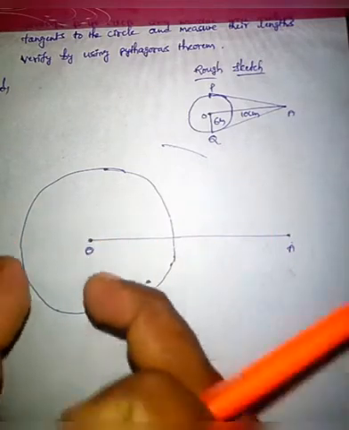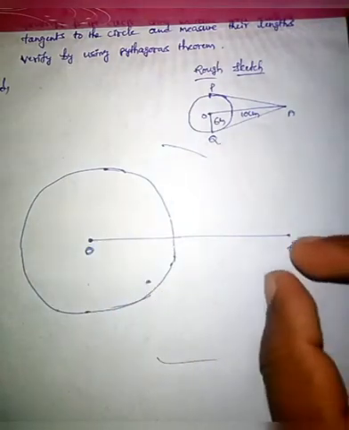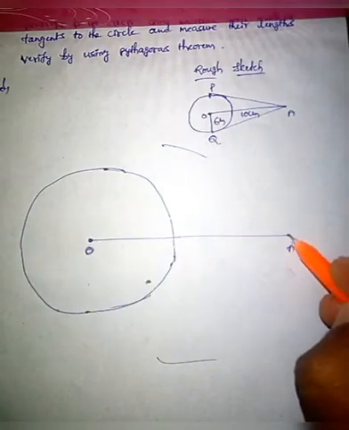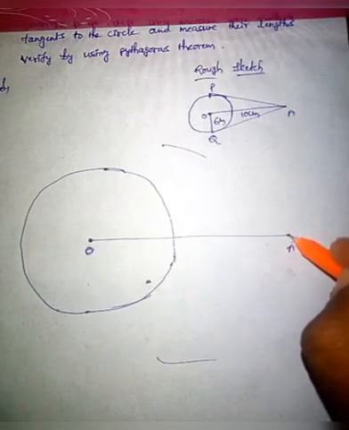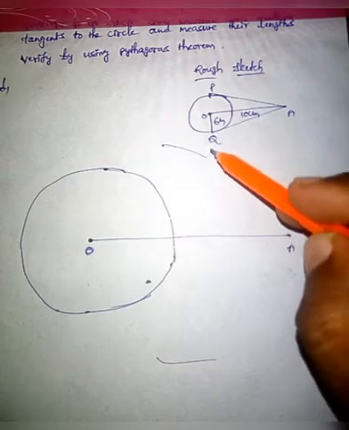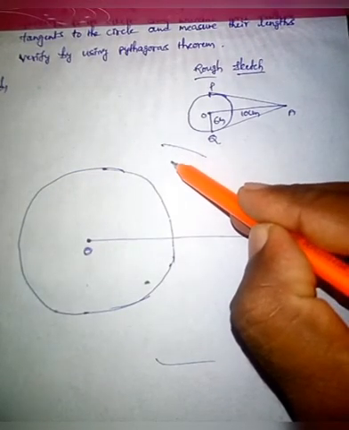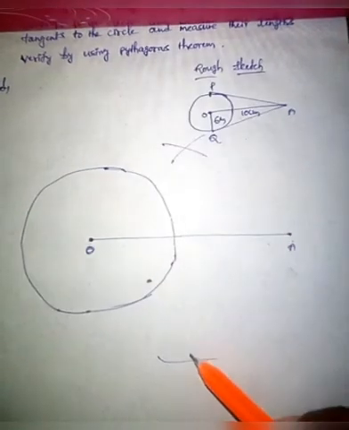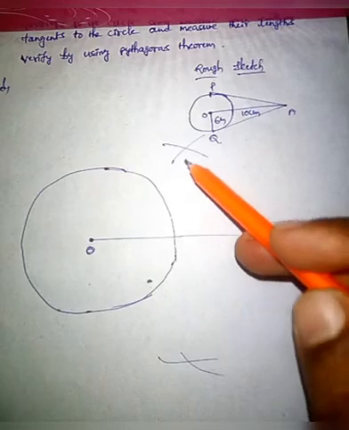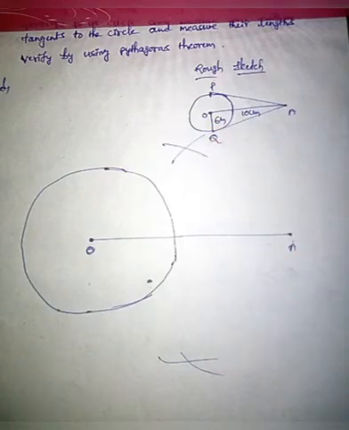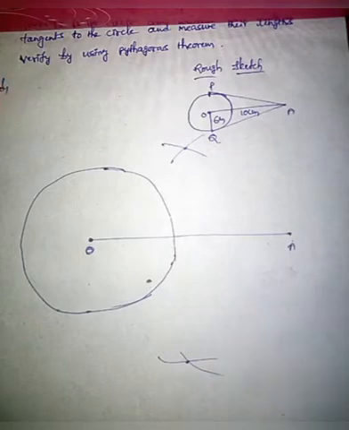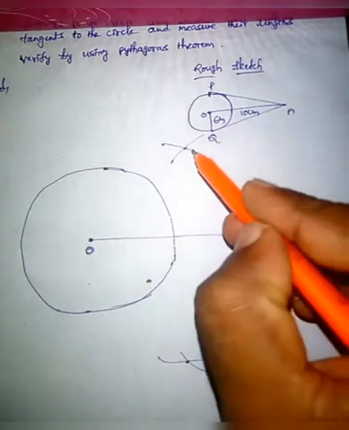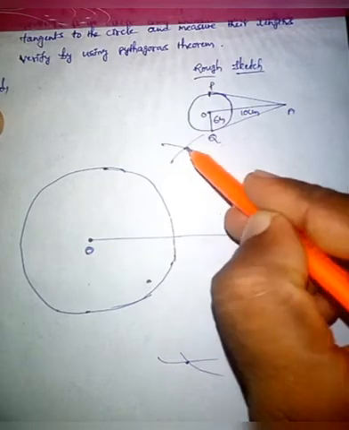Now remove the compass from this point and place the compass at the point A. By selecting A as center with the 7 centimeter radius, draw another 2 arcs such that they intersect the previously drawn arcs, as shown in the figure. Mark the intersecting points of the 2 arcs. Then by using a scale, join the 2 points.